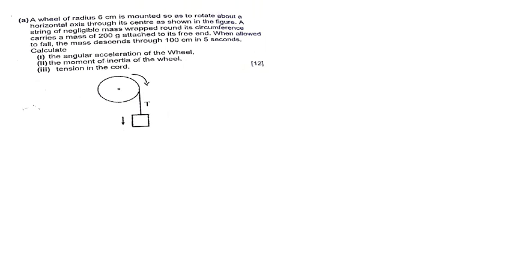When allowed to fall, the mass descends through 100 centimeters in 5 seconds. Calculate part A, the angular acceleration of the wheel. Then part B, calculate the moment of inertia of the wheel and the tension in the cord.